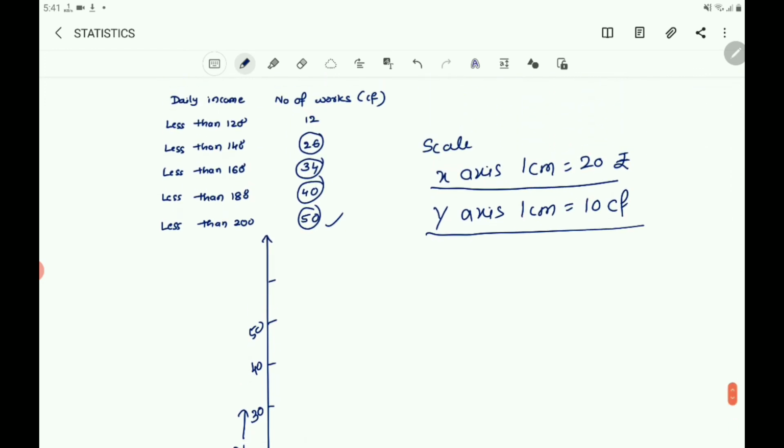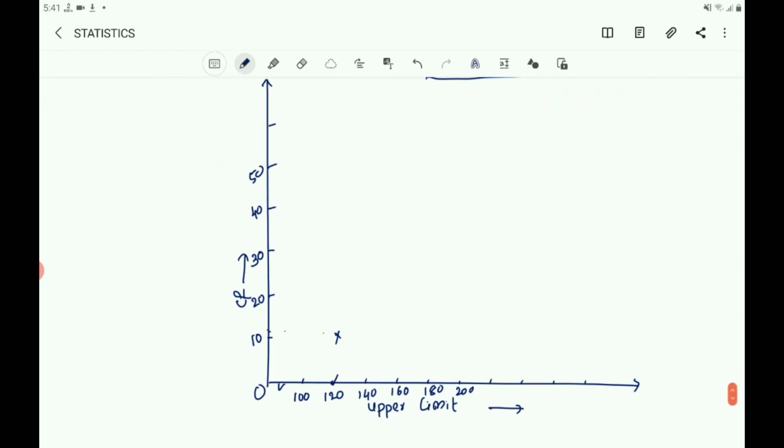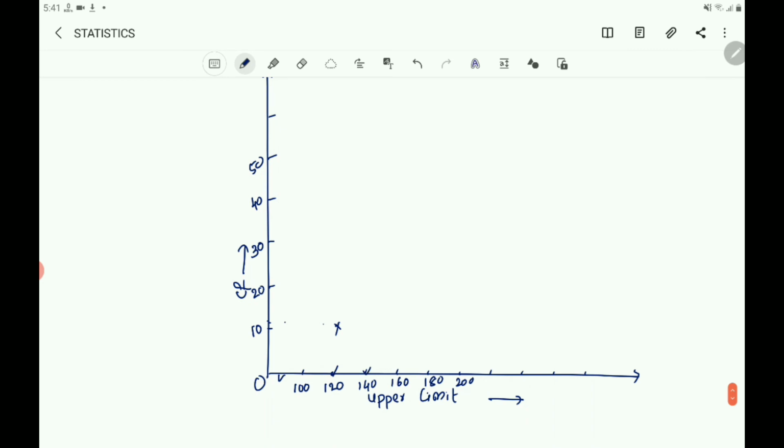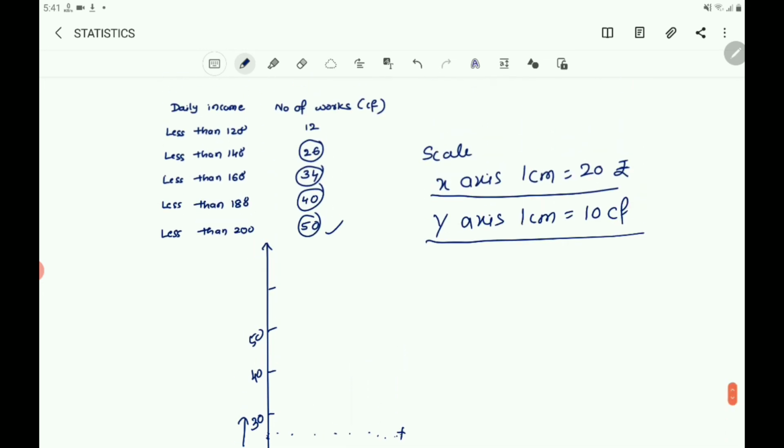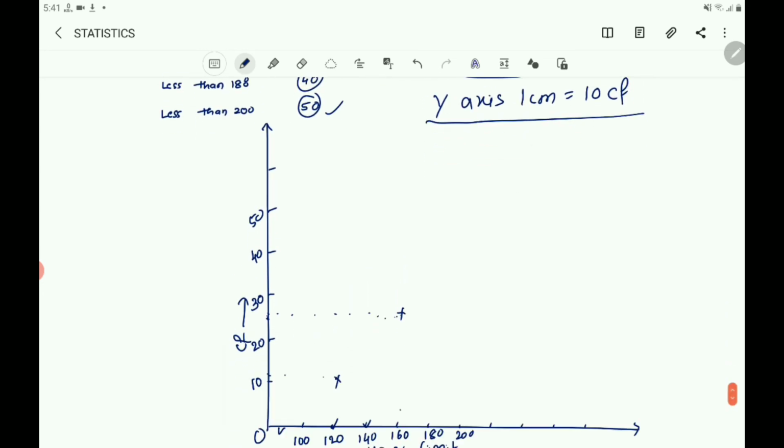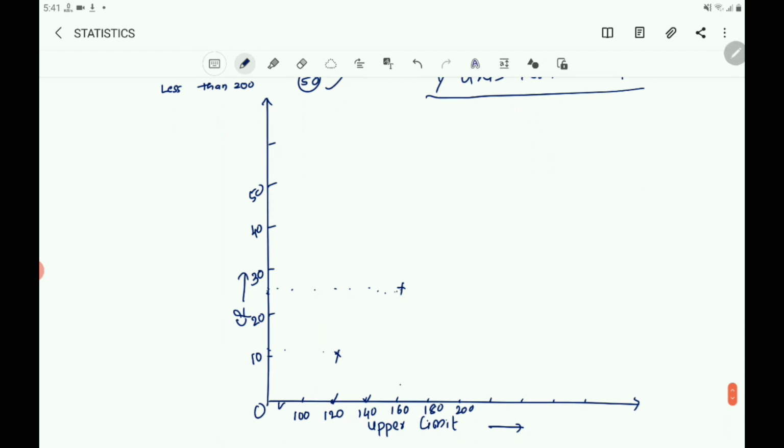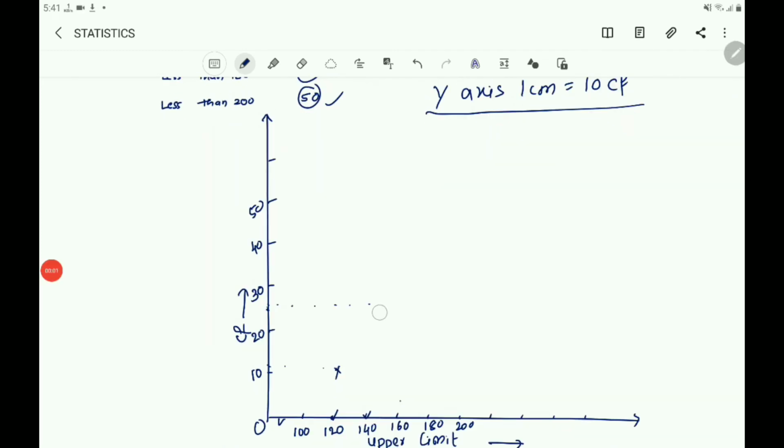Next, less than 140, that is 26. 140 is here. 26 means approximately you will get it here.